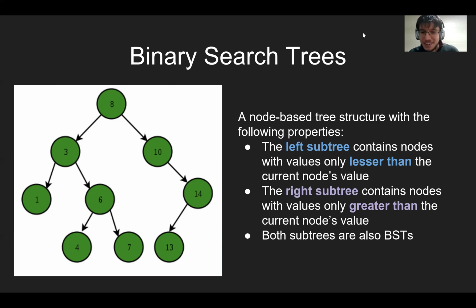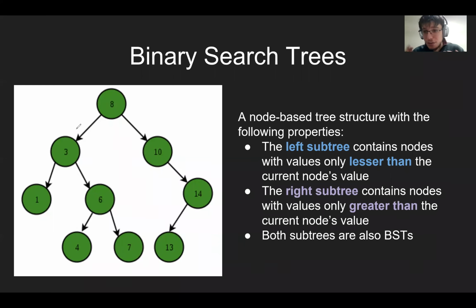I hope. Okay, so binary search trees are interesting because they have some interesting properties. A node-based tree structure is called a tree, right? But a binary search tree in particular is a node-based tree structure which has these properties.